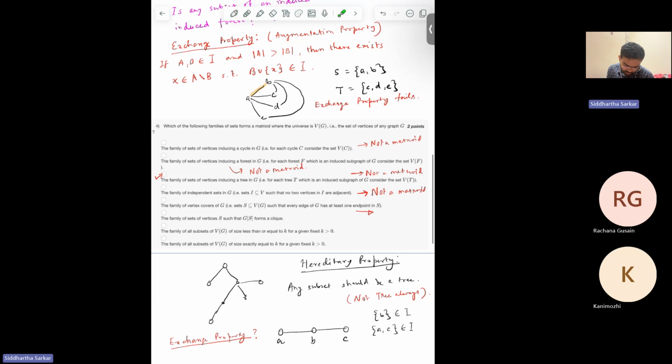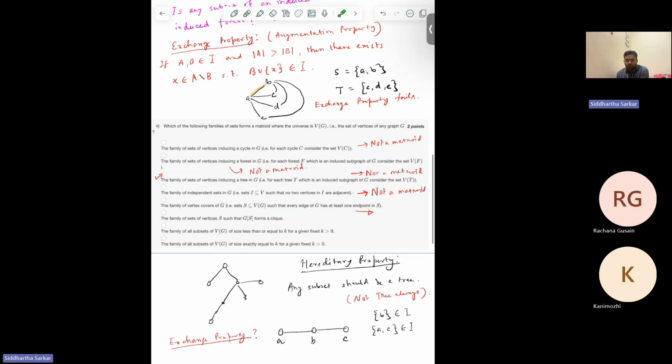Now we have vertex covers of G. That is all subsets S of the vertices such that every edge of G has at least one endpoint in S. So what is a vertex cover? A vertex cover is a subset of the vertices such that every edge of G has at least one endpoint in S. Okay.